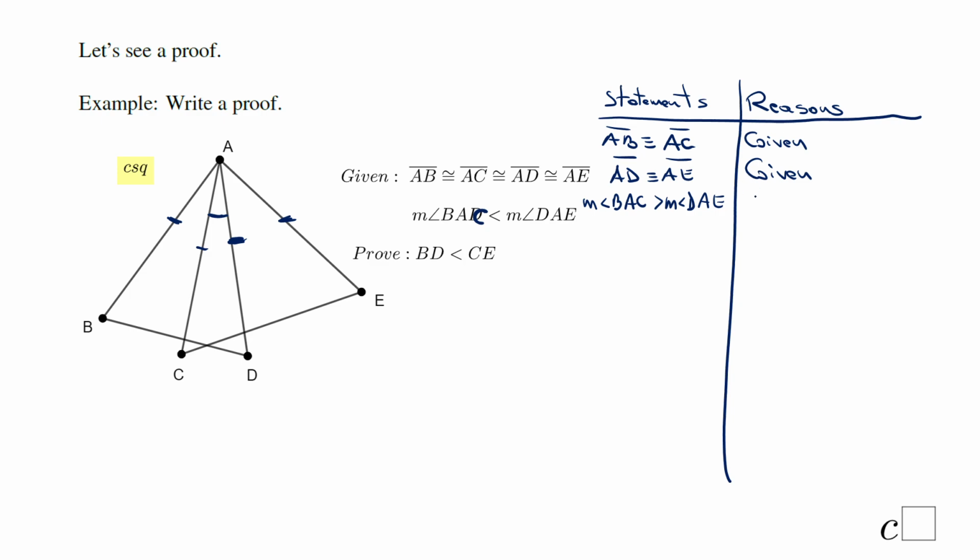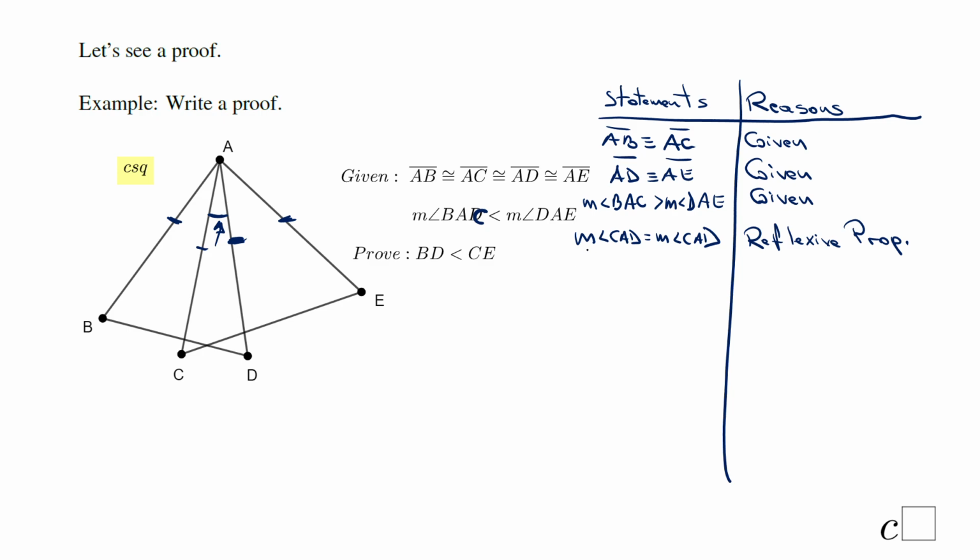Okay, so also this is given, but now look at what I'm going to do to prove what I need to prove. I'm going to bring this angle, which is angle CAD, the measure of angle CAD. It's equal to itself, and this one is what we call the reflexive property of equality.